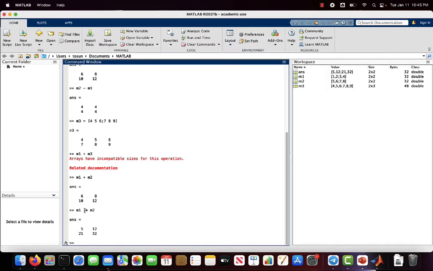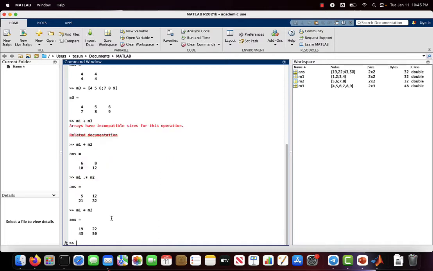For this multiplication, we need to use a dot before the multiplication operator, and that means the multiplication will be element-wise, not matrix. If you write M1 times M2, the result will be different. The result will be the matrix multiplication. But here, the result will be the element-wise multiplication.